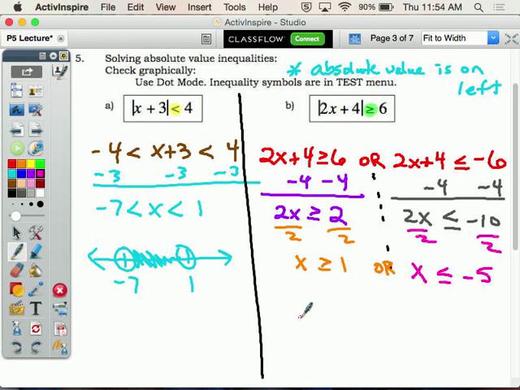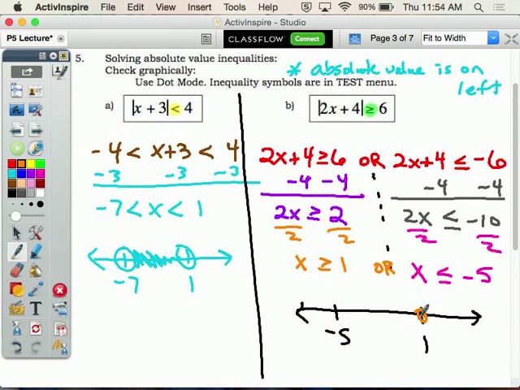When I put my number line down, here is what's going on. Which number is smaller, 1 or -5? -5. So -5 goes on the left of the number line. 1 goes on the right side, because the small numbers are always on the left. In the orange, it says x is greater than or equal to +1.